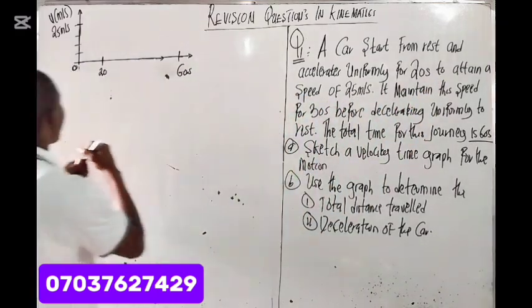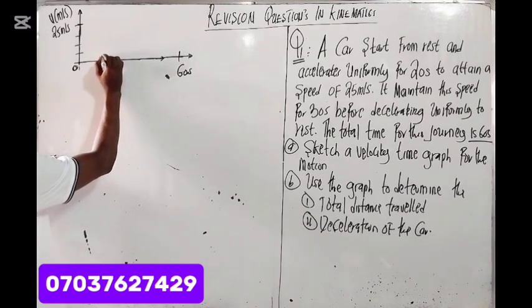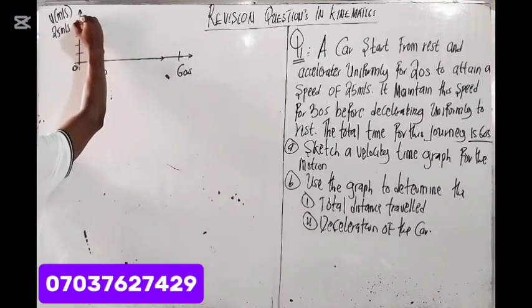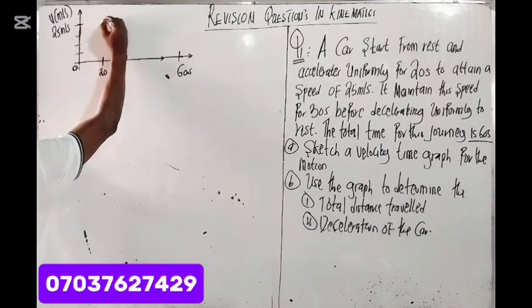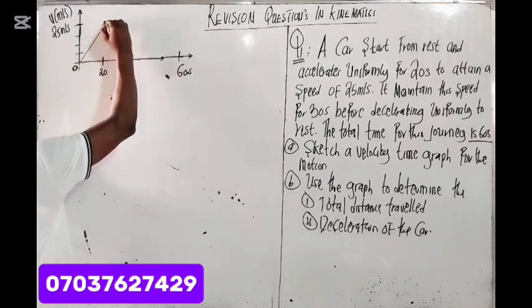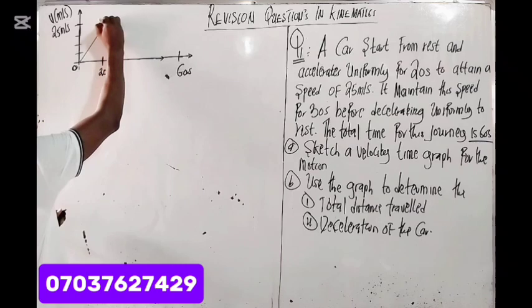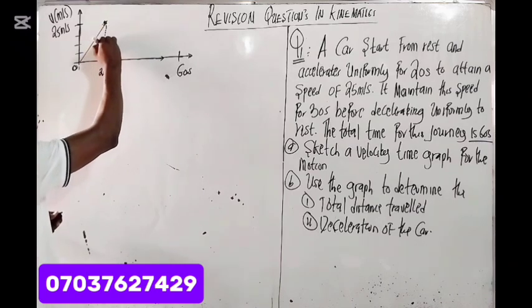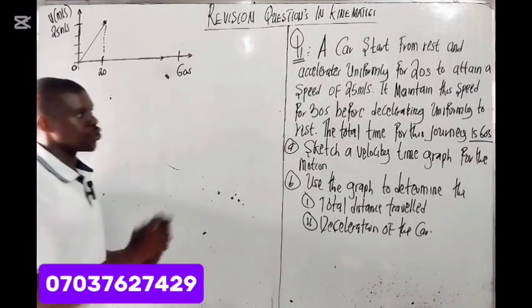So here we have 20 seconds, and here we have the velocity. If you draw it, it's going to be like this. This is my first part here. Do you understand?